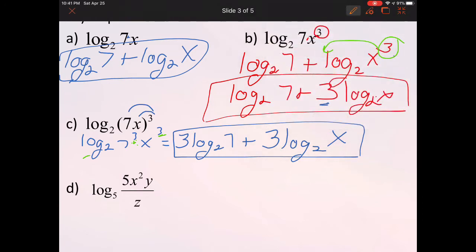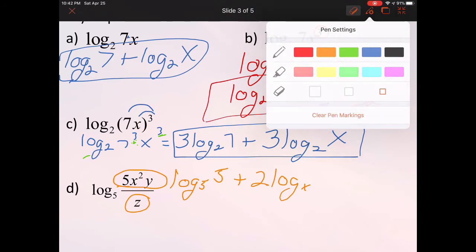All right. This one here has a lot of stuff going on. So the whole top is being multiplied, but it's being divided by the 5. Now remember, division is subtract. So what we have here is log base 5 of 5 plus 2 from the exponent, log base 5, oops, I wrote the letter x. I meant to say 5.